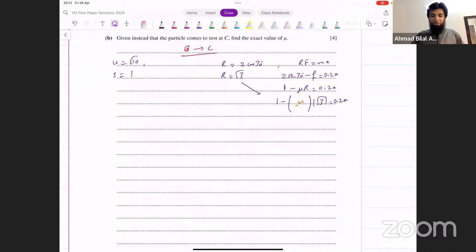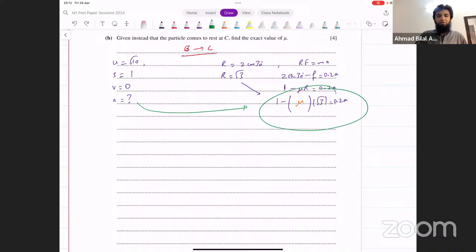Now they've also given that the particle comes to rest at C. So at the end point, the velocity of the particle becomes 0. So we know the final velocity is 0. Since we want to find the value of mu, we can find acceleration using this information, input that value of acceleration here, and that will give us the value of mu. So it's the same work, just done the other way around.